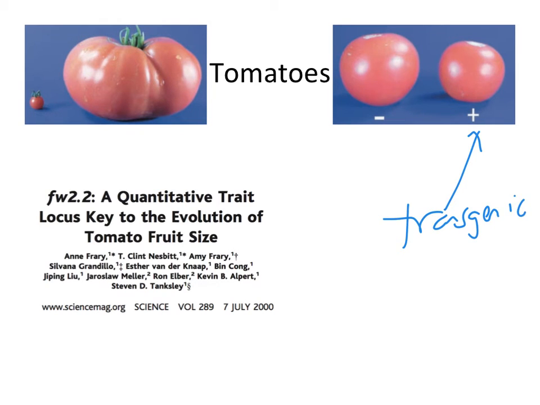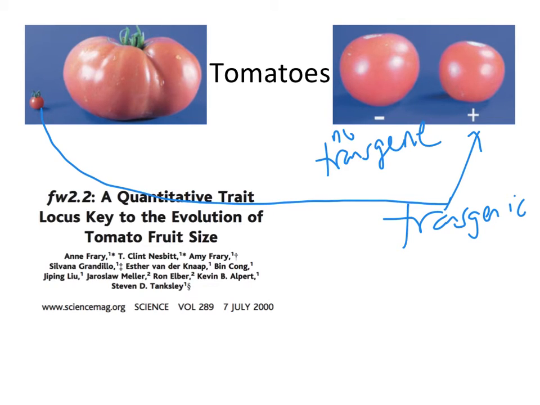The plus sign indicates it contains a transgene, a gene that was moved from the small tomato. And what was the effect? Minus is no transgene. So these scientists were looking for parts of chromosomes that control how big a fruit gets. So what's the difference between no transgene and transgene?